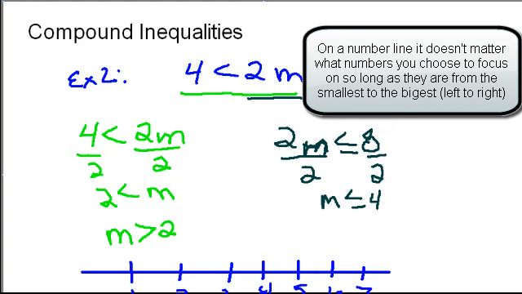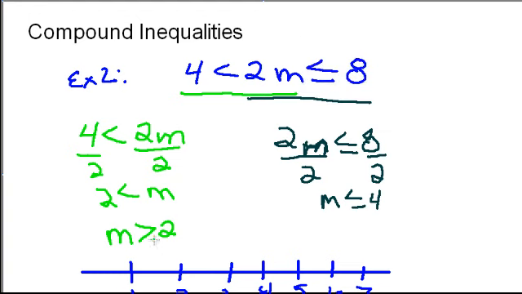It doesn't matter which one we start with, but I'm going to start with this green one because it's on the left. We've got m is greater than 2. So I'm going to draw my circle at 2, and it's open because it's not or equal to, and I'm shading above. Then we've got m is less than or equal to 4, so at 4, that's a big circle, but I'm going to color it in because it's or equal to, and it is less than, so I'm going to shade in between. And that's it. We're done with the second example. I hope those helped.